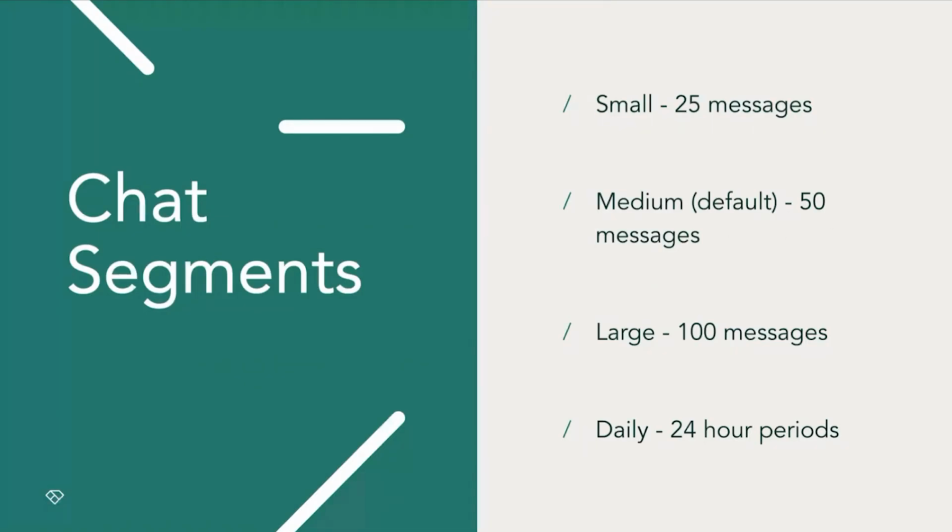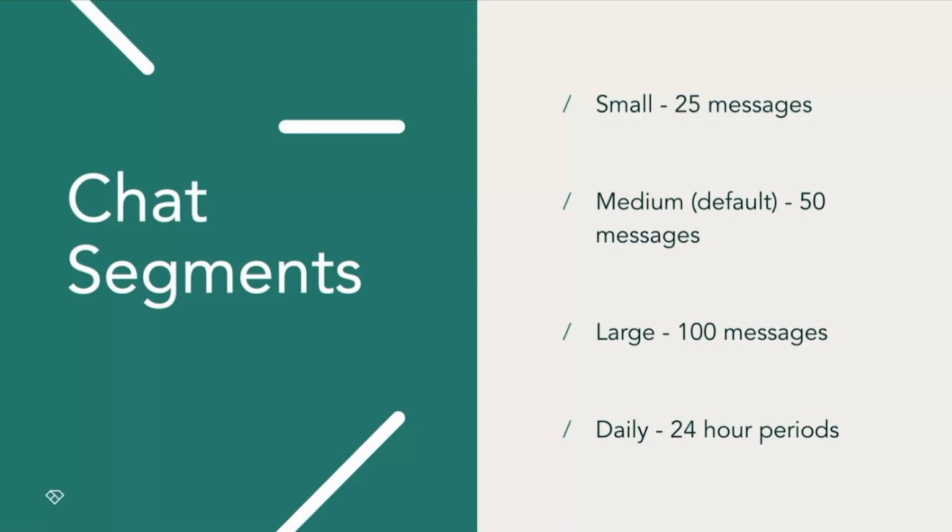Okay, one more feature here are the chat segments. We've been able to work with chat segments and chat data for a while, but we're giving you a little bit more flexibility in how you break those up. Since those conversations can span months, this functionality gives you a little bit more control on how you split those up across different uploads.